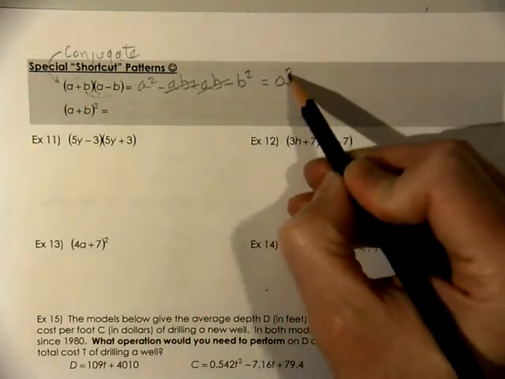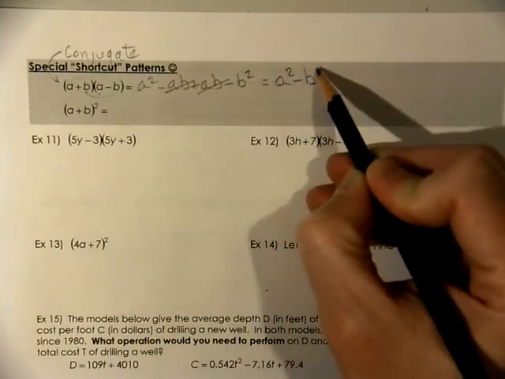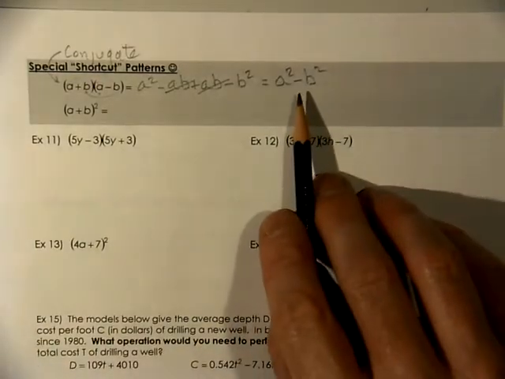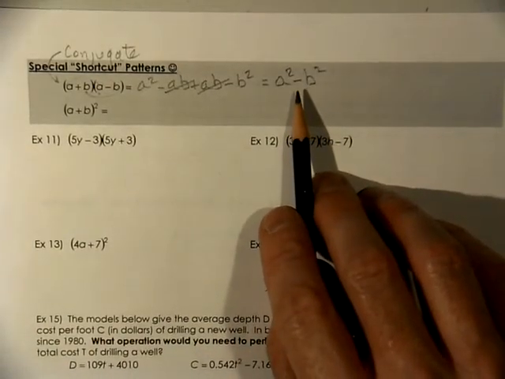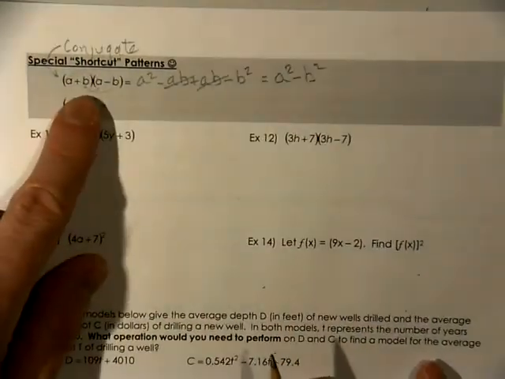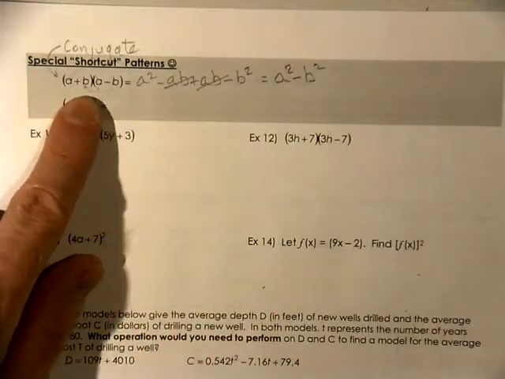So we're left with a squared minus b squared. That is the difference of two squares. So what we've learned about in the past is to factor that one apart, and we turn it into this. Now we're going the other direction.